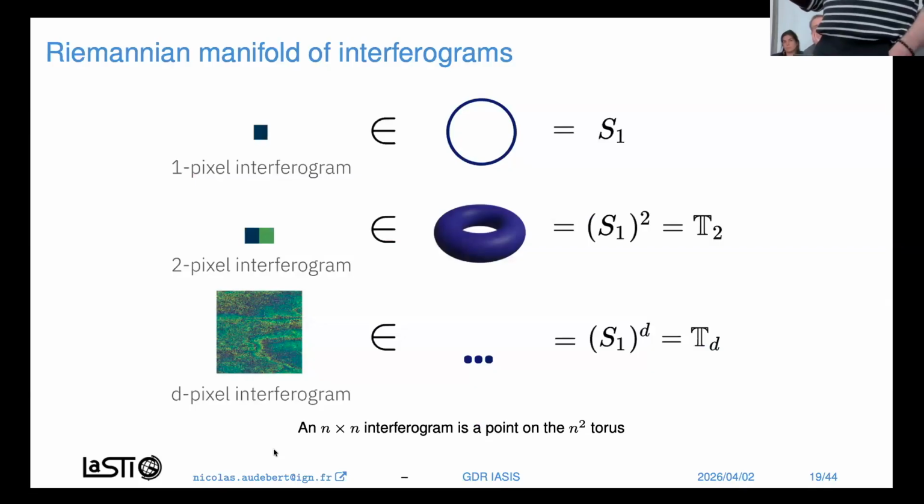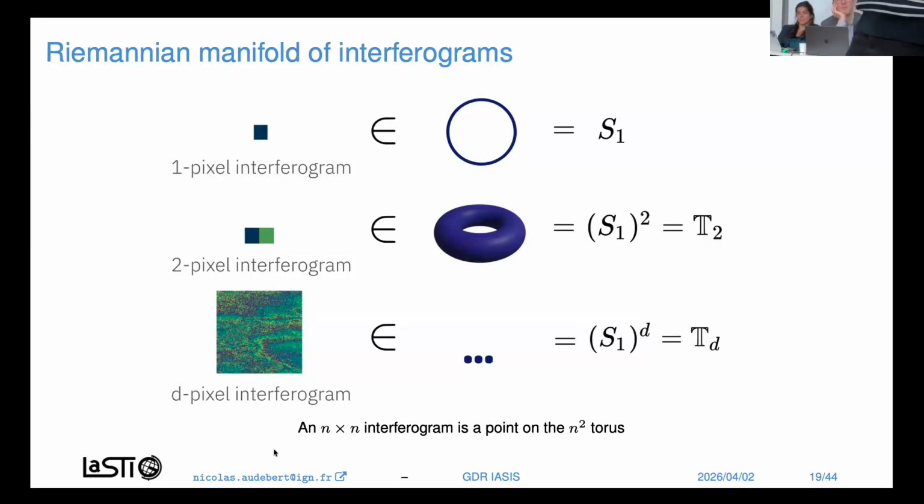The answer to that is that phase, a point in an interferogram, is not real. It's not in the Euclidean space. It's on a Riemannian manifold. I know that you might be anxious facing the word Riemannian manifold, but I promise you that it's not that complicated. If you take only one pixel of the interferogram, it's one angle, so it's a point on the complex circle.